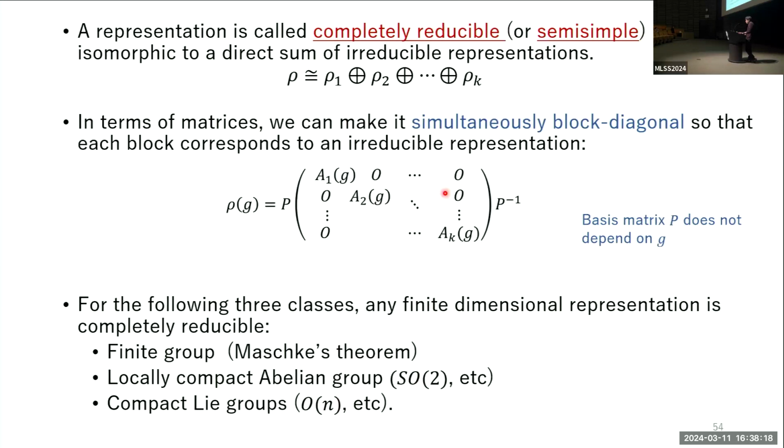So for any finite dimensional representation, we can always find a fixed basis irrespective of G that realizes the block diagonalization. And each block corresponds to an irreducible representation.